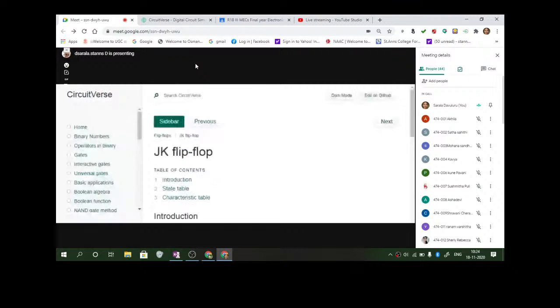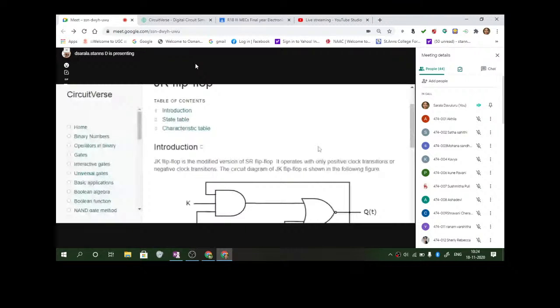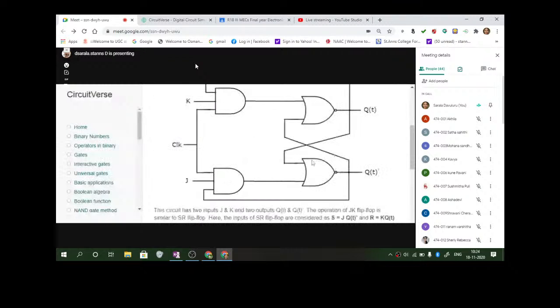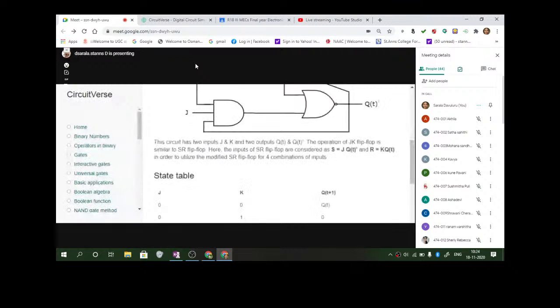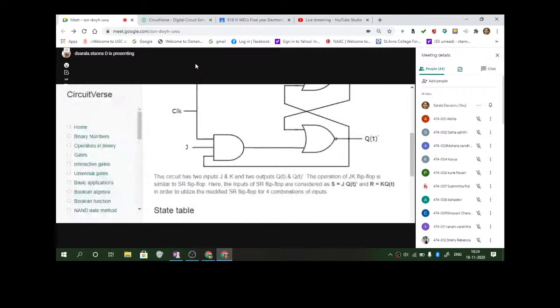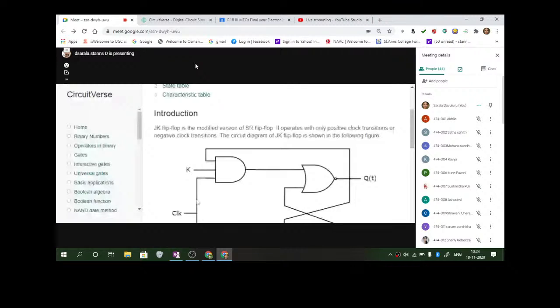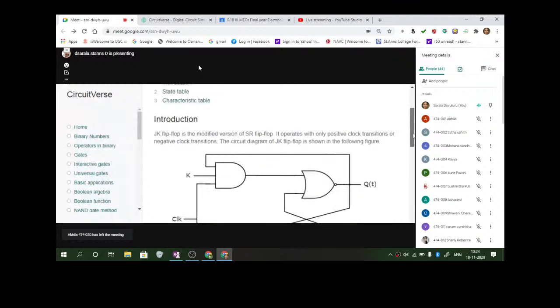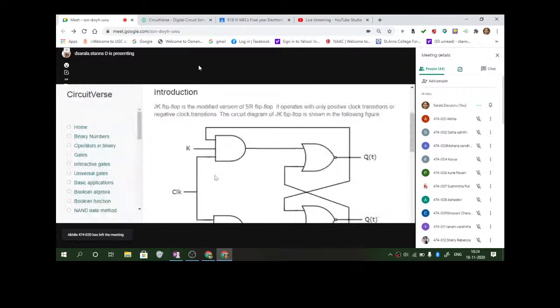So your experiment is JK flip-flop, and as you can see in the JK flip-flop, what you can see are the two inputs J and K. One is clock, okay, and you are able to see the feedback connection from Q bar to this end and Q to this end. This also you are able to see.